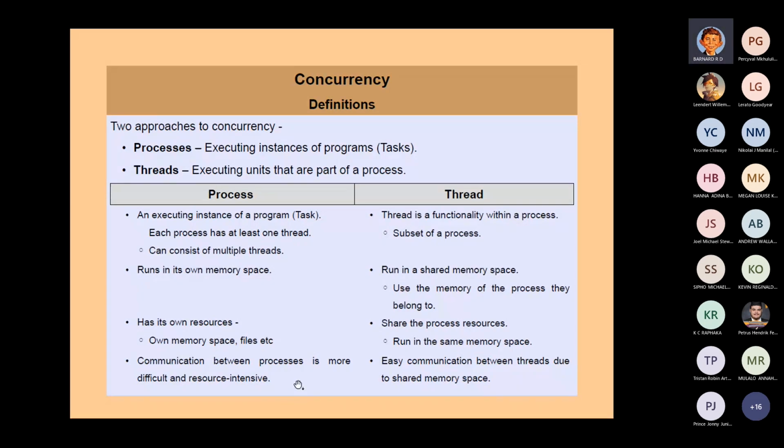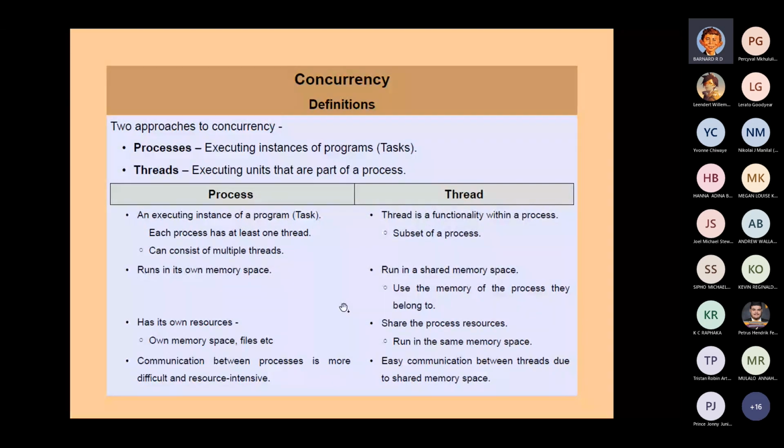So from a programmer point of view, there's no real difference in the level of difficulty between threads and processes because Qt is handling it for you. But just bear in mind when you do have communication between processes, there's a lot more going on under the hood than with threads. But it's not something you need to worry about too much. So Qt handles all of that for you.